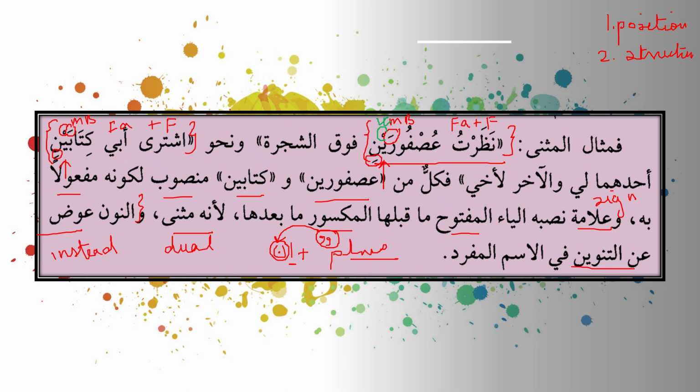Instead of the tanween, you will see a noon in the dual case. You cannot put a tanween in the dual noun. As you can see here, kitabain or usfurain, you cannot put a tanween fatha or tanween kasra in the dual noun. Instead, this noon letter will represent the tanween at the end.